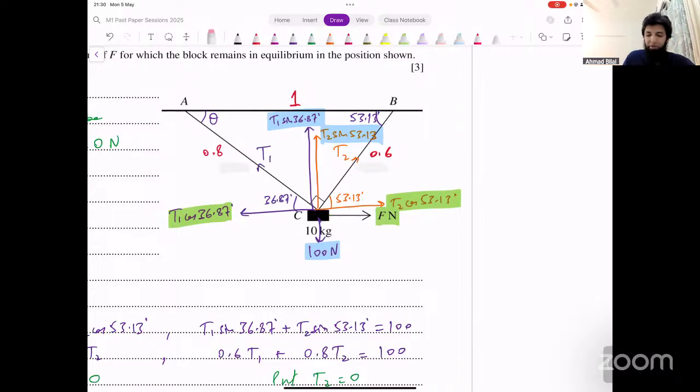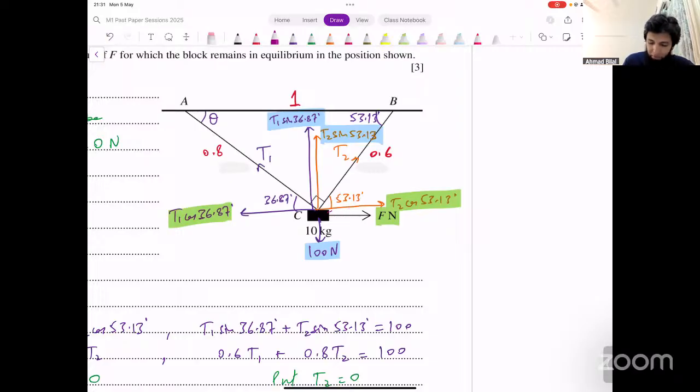How would equilibrium break? If F becomes too large, eventually what would happen would be this block will try to move to the right side. So what's that extreme value of F that we can have such that it remains in equilibrium? What's the greatest possible value of F that we can have? That would be when this block is just about to move to the right side.